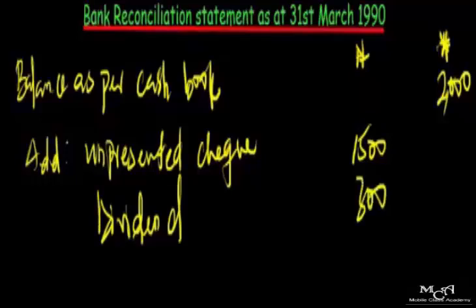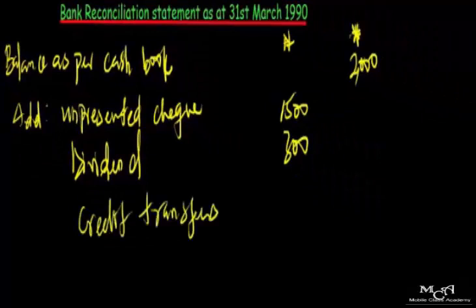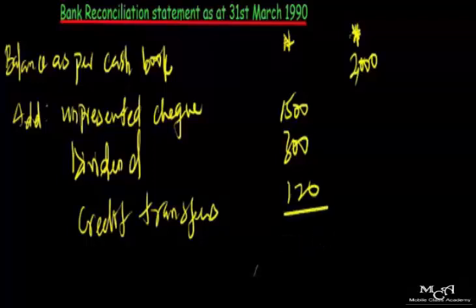We're also going to add credit transfers. Our credit transfers here is 120. We are going to calculate this, and this will give us a total of 1,920. So we are going to add 1,920 to 2,000, which will give us 3,920.